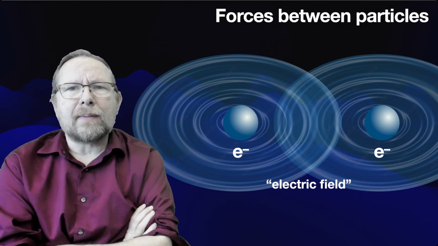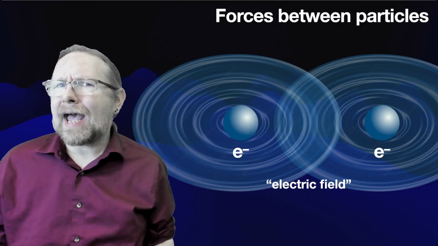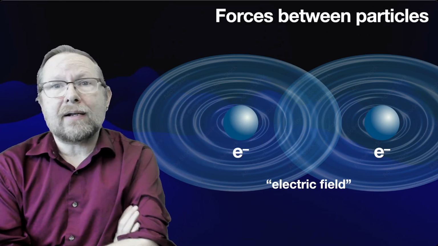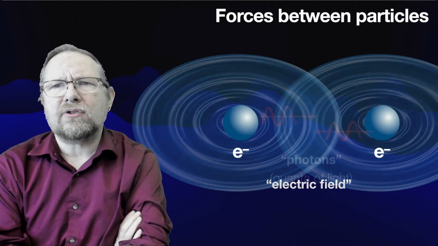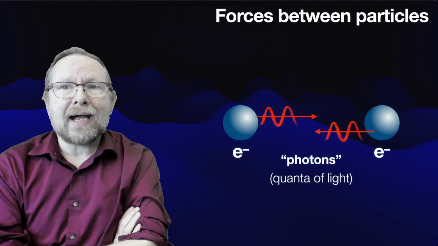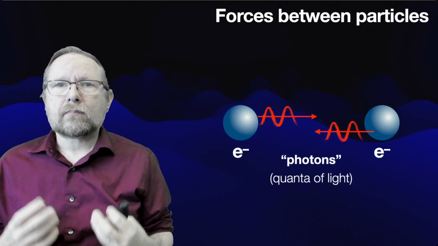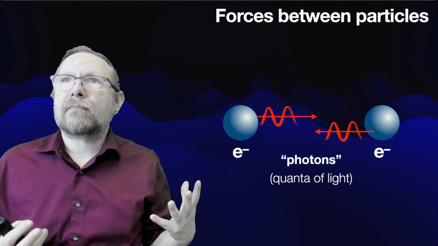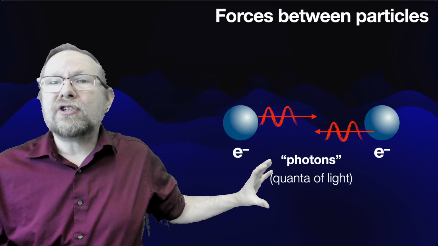How do we think about the reason that two electrons push each other apart? What's actually happening in space between two electrons? Well, the way we think about it now in the 21st century, and since the middle of the 20th century, is to imagine that two electrons are exchanging energy in terms of the energy of some field.